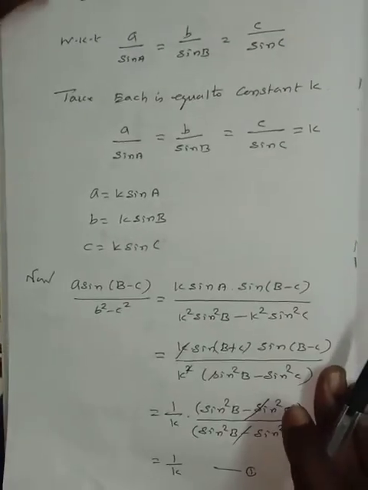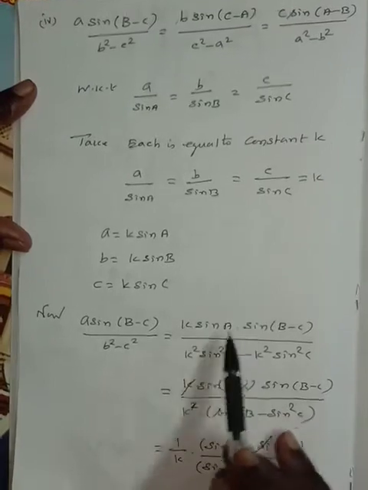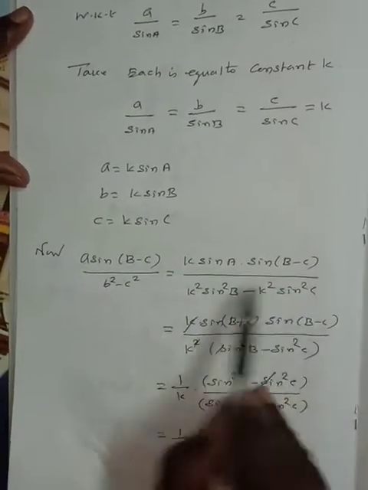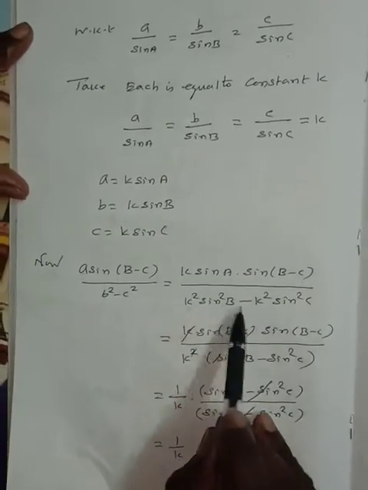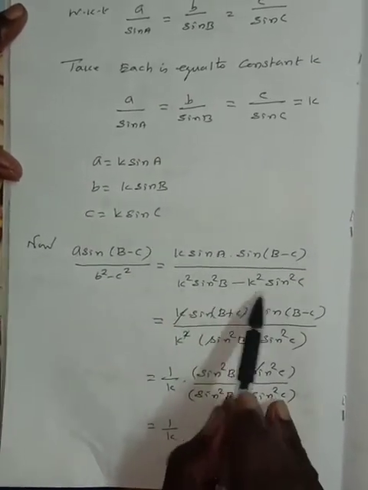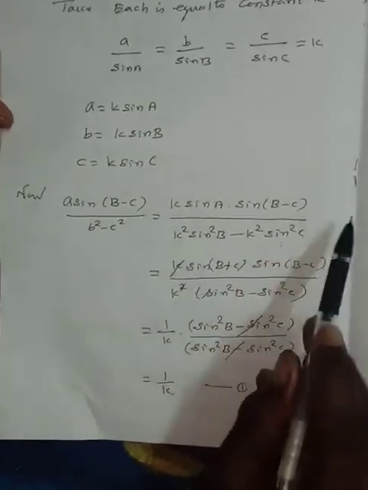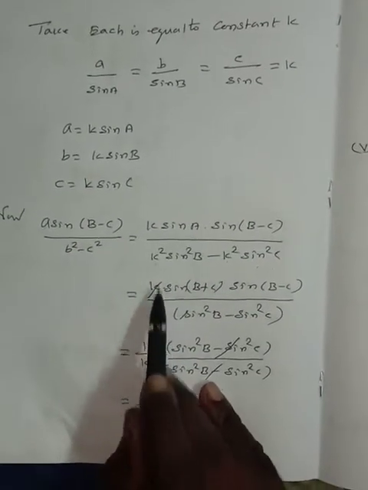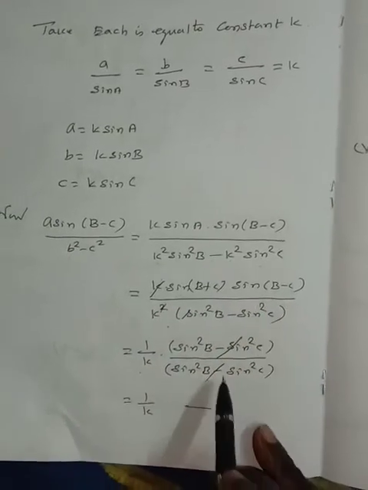Now take the first part: a sin (b minus c) divided by (b square minus c square). A is k sin a into sin of (b minus c), whole divided by, b is k sin b, therefore b square is k square sin square b, c is k sin c, c square is k square sin square c. Now numerator k, denominator k square is common, k cancelled, we get 1 by k into sin (b plus c) into sin (b minus c).